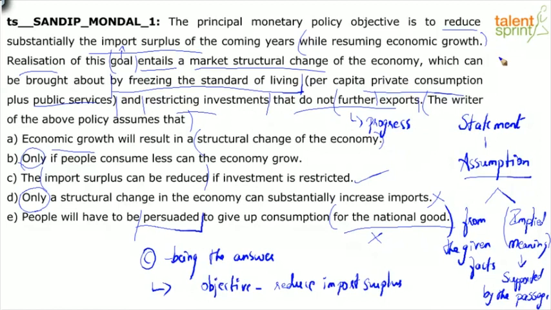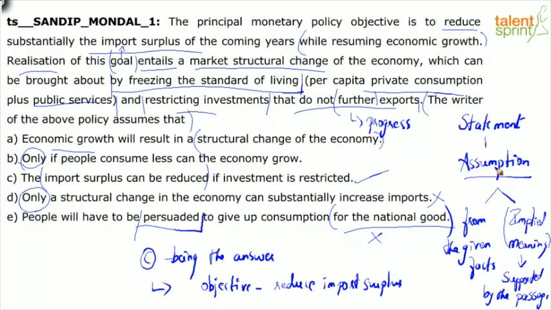One is freezing the standard of living. Two is restricting investments. So the import surplus can be reduced if investment is restricted, right? It's one of the options. So that's probably why I'm looking at C being the closest one.